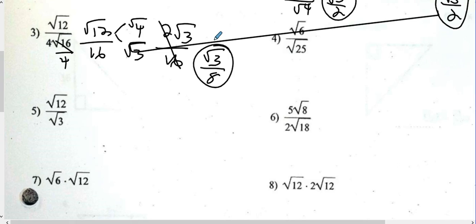Now, nothing goes into 6 and 25, so I can't reduce it. And multiplying by radical 25 top and bottom would be a way to do it, but if you recognize that this is simply just 5, you're already done. It's radical 6 over 5, and there's nothing else to do.